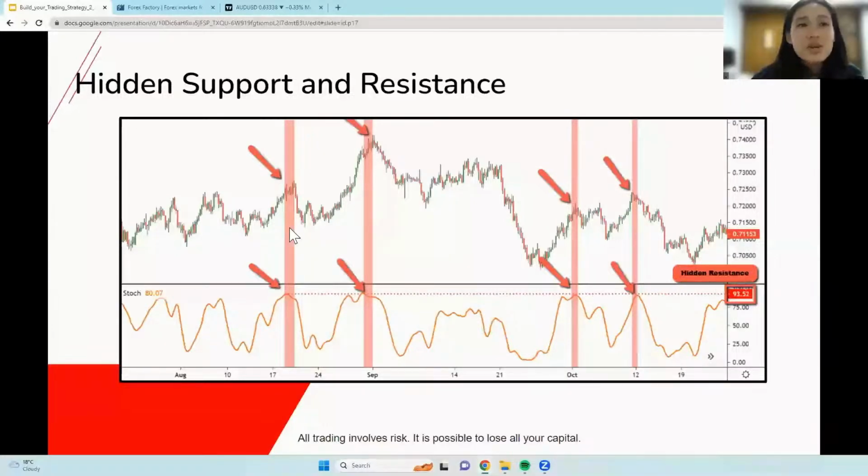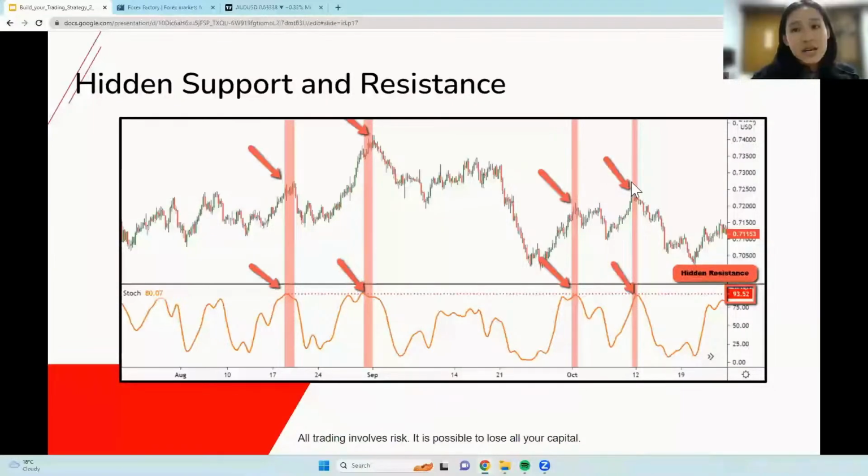In this case, we like to use hidden support and resistance levels. For both of these indicators, in this example, we use stochastic, but you can also use this method for RSI as well. You see that on our stochastic or RSI indicator, we have a hidden resistance level. Basically, all of the peaks are at the same level here. But you can see that on our price chart, price is making a higher high.